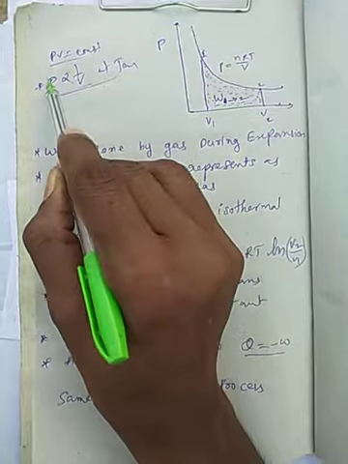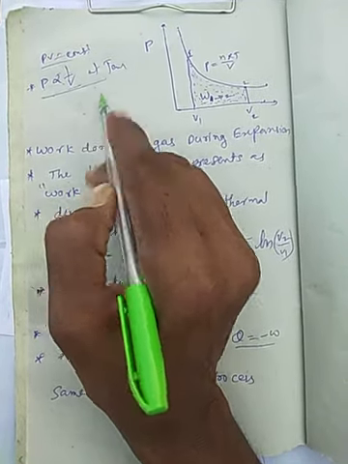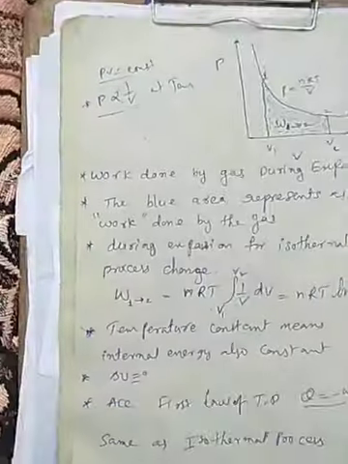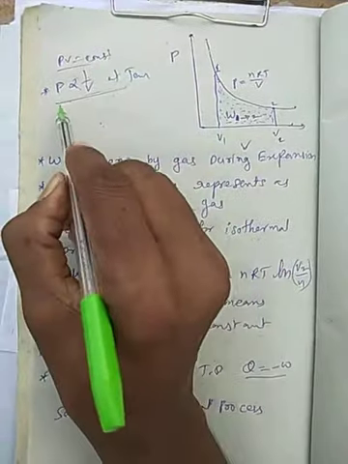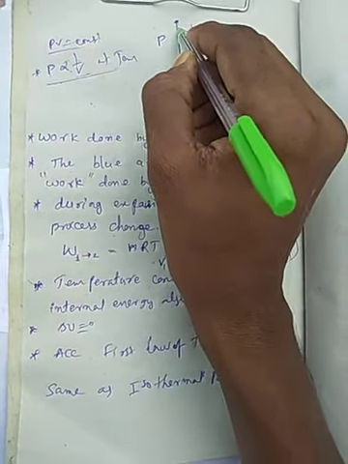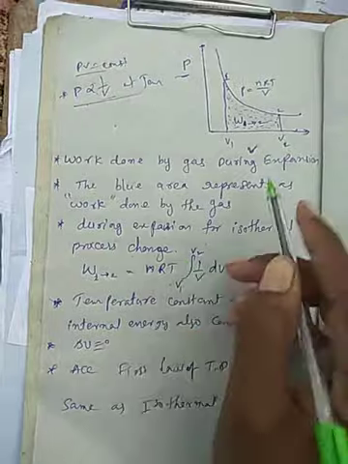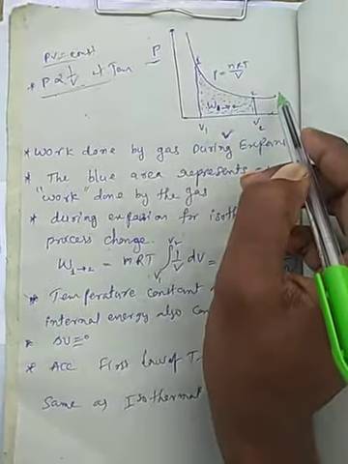It means that if the pressure increases, the volume will decrease. Now I am taking the graphical representation. On the y-axis I have taken the pressure, and on the x-axis the volume.